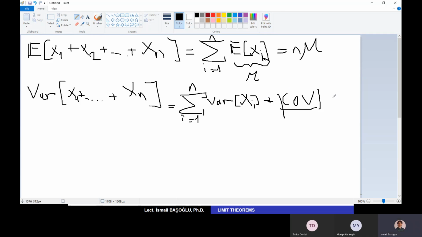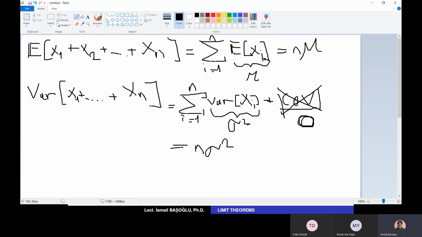But I'm not writing it because I'm getting tired of writing these complicated statements in this paint file. This covariance term is simply going to be equal to 0 because these random variables are independent from each other. So therefore, it is just going to be equal to the sum of the variances. Each of these random variables has the variance of sigma square, and the sum of n sigma square values is going to be n sigma square, right?